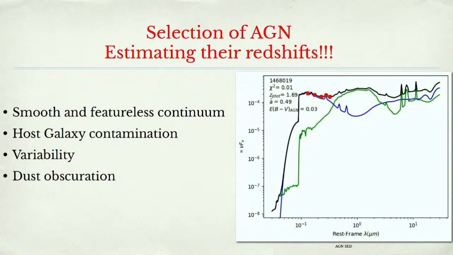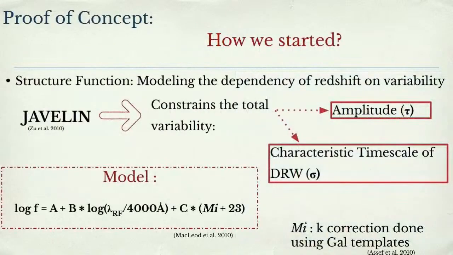So we have different problems when we try to select and estimate the photometric redshift just from SED templates. Here I can show you a typical SED of a quasar with just five Sloan points, where I am using the templates of Assef et al. 2010. Hence we came up with a new proof of concept.